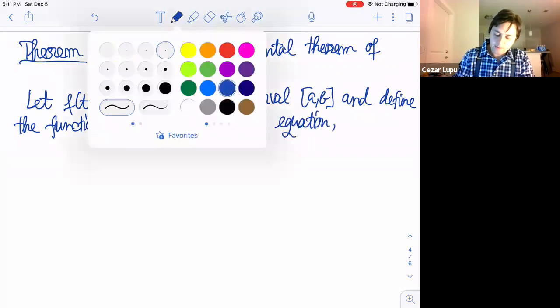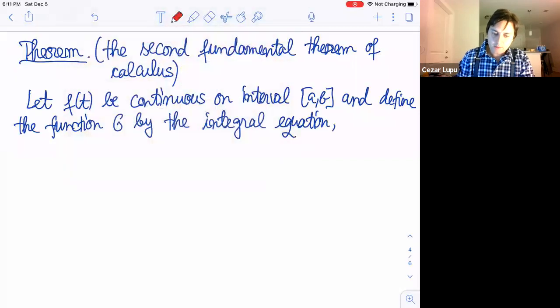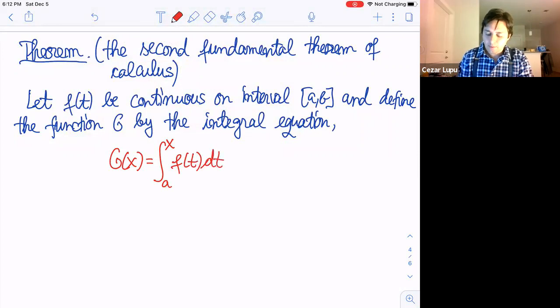The integral equation is G of x is the integral from a to x of f of t dt.